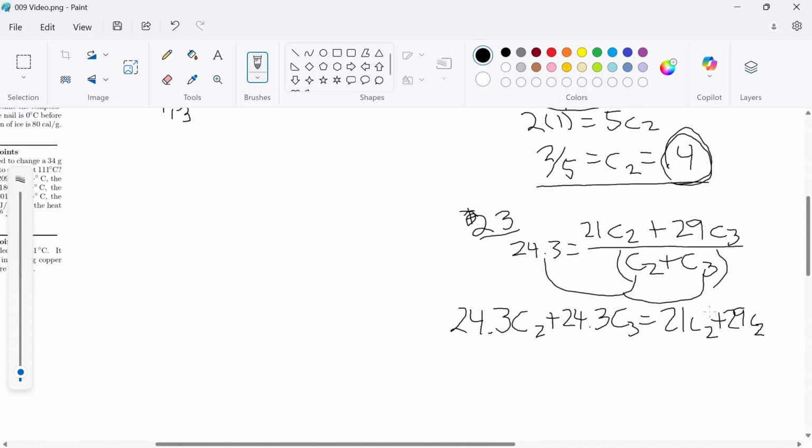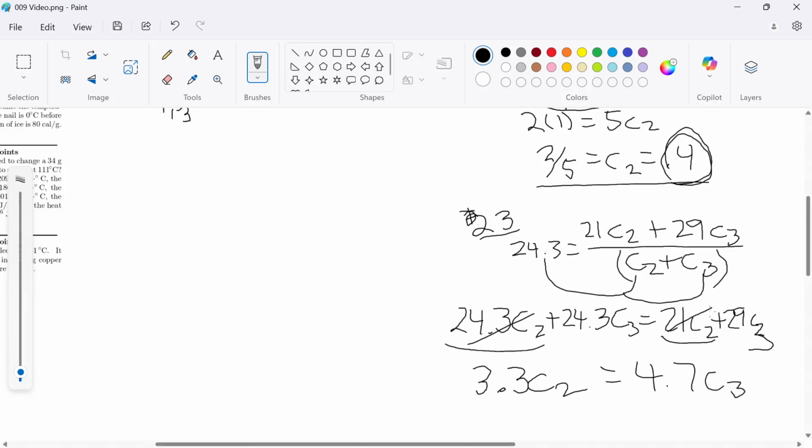So I'm going to plug it in at the end. Now 24.3 C2 minus 21 C2 is 3.3 C2. Those are gone. 29 C3 minus 24.3 C3 equals 4.7 C3.